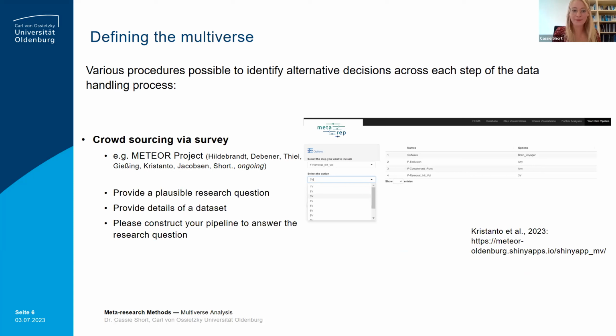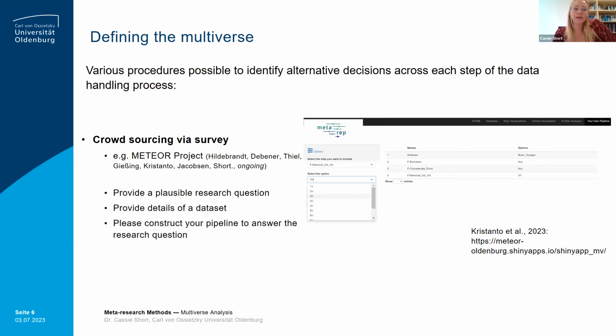Another way to do this, so you'll notice that they all kind of involve crowdsourcing experts, basically. You can do this more passively through a literature review, or more actively with crowdsourcing via a survey. This is also something done by the Meteor project, which actually combined the two approaches.